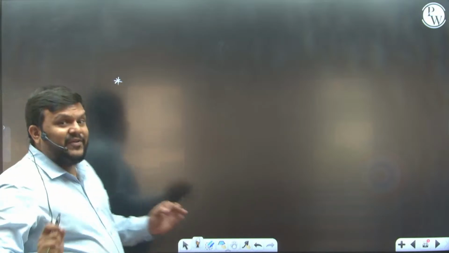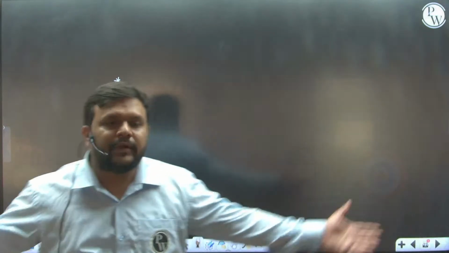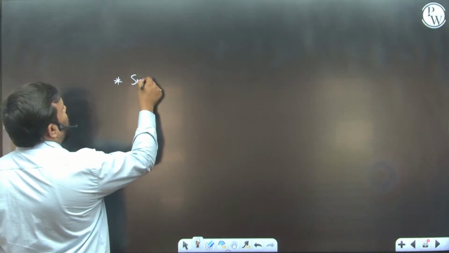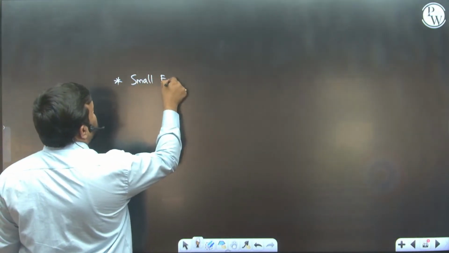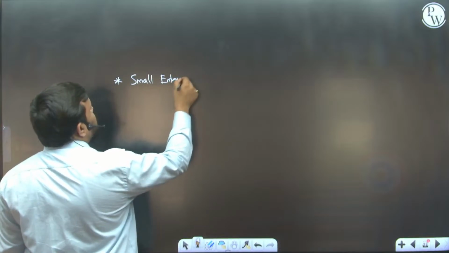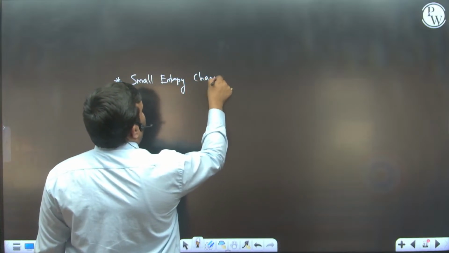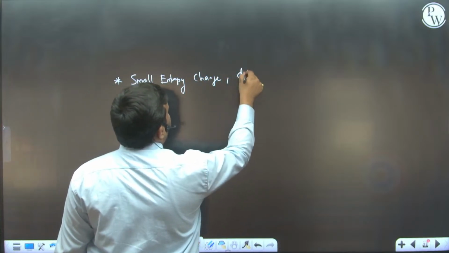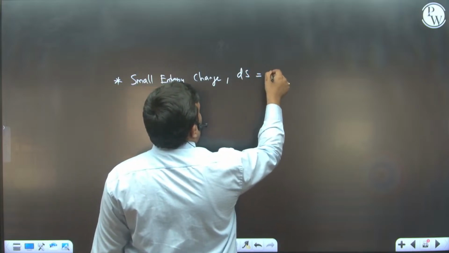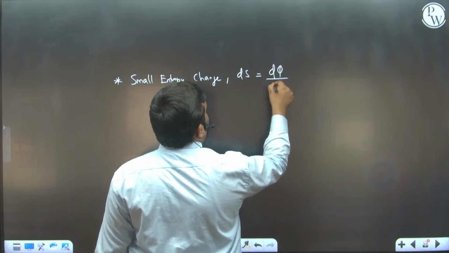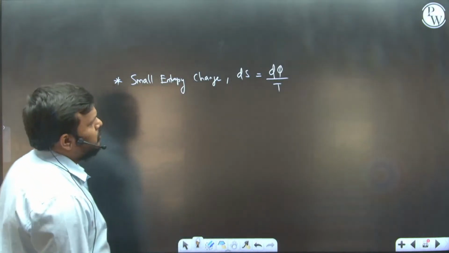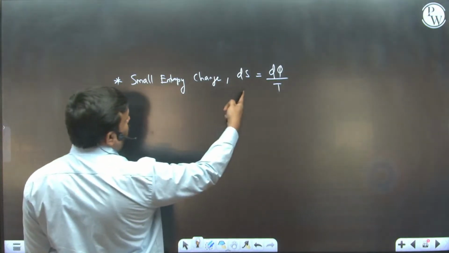See, like work done, you calculated the small work done, and then after you integrated it to get the complete work done. Over here also, we will first calculate the small entropy change. So let us first define small entropy change, which I am denoting as dS. That dS will be equal to dq by T. This is nothing but small entropy change, dS is equal to dq by T.